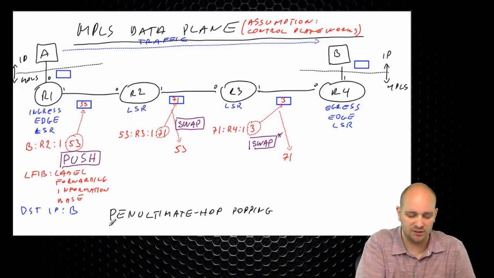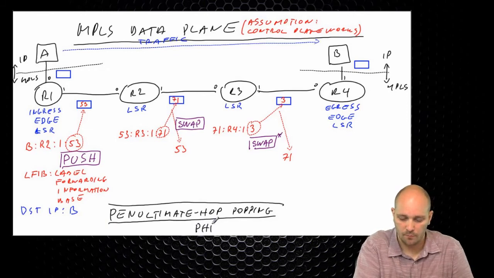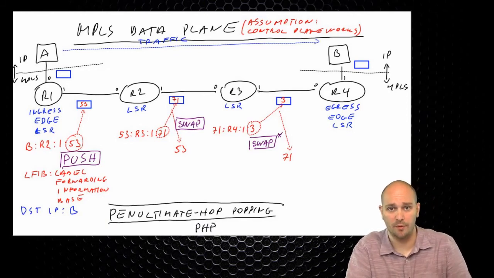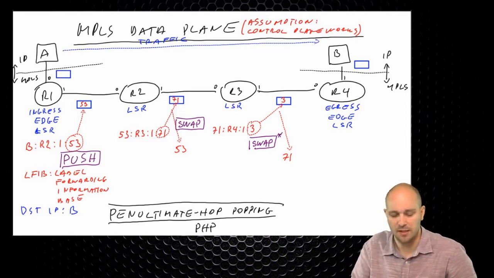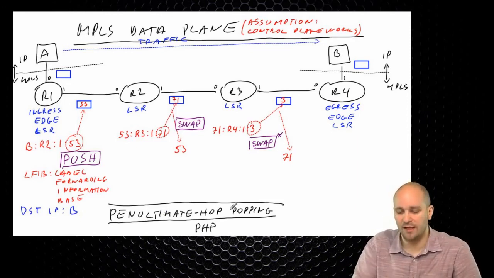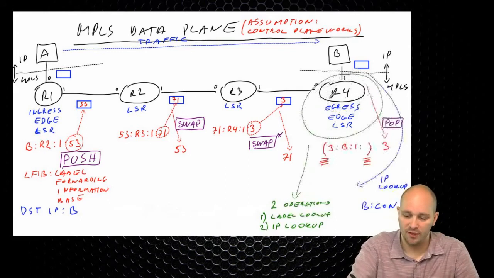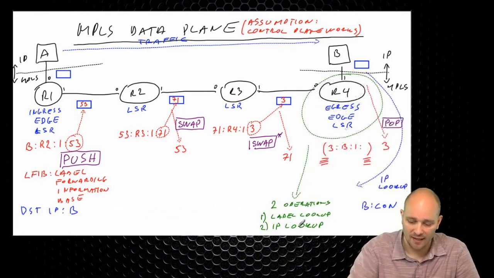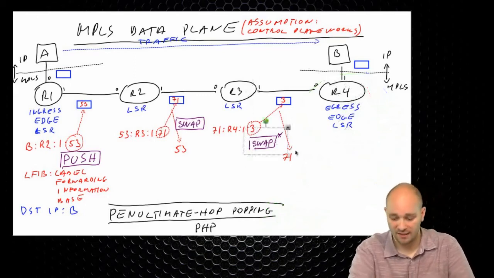It just has such a great name. Also known as PHP, not to be mixed with the programming language called professional home pages, or that was the old name, now it's just PHP. But this is the concept in MPLS where R4 here, instead of doing these two operations, instead of doing the label pop and then IP lookup, can actually request from R3 to perform the pop for it instead.